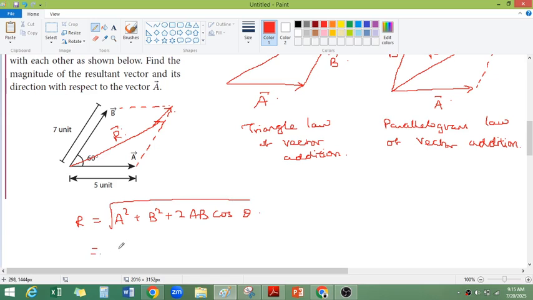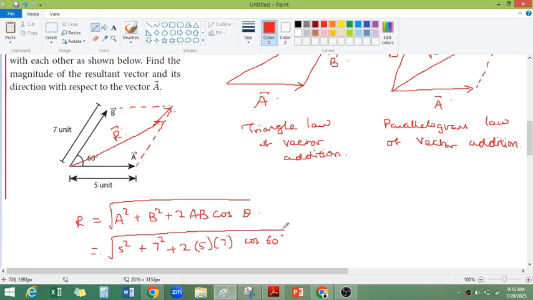A squared is 5 squared plus 7 squared plus 2 into 5 into 7 cos theta, cos 60. The angle between them is 60 degree.